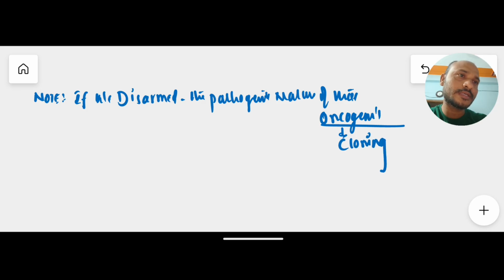We use them as a cloning vector in plants.